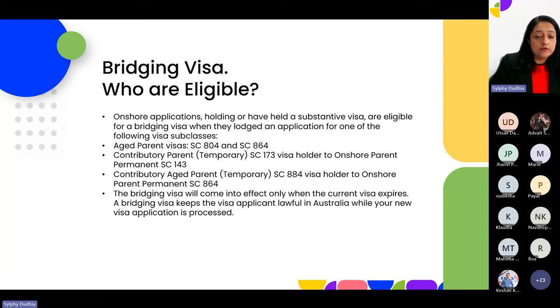If they are a holder of a 173 visa and applying for onshore parent visa 143, they are also eligible for the bridging visa. The applicants who are holders of an 884 visa and applying for the permanent 864 are also eligible for the bridging visa. The bridging visa will come into effect only when the current visa expires. A bridging visa keeps the visa applicant lawful in Australia while your new visa application is processed.